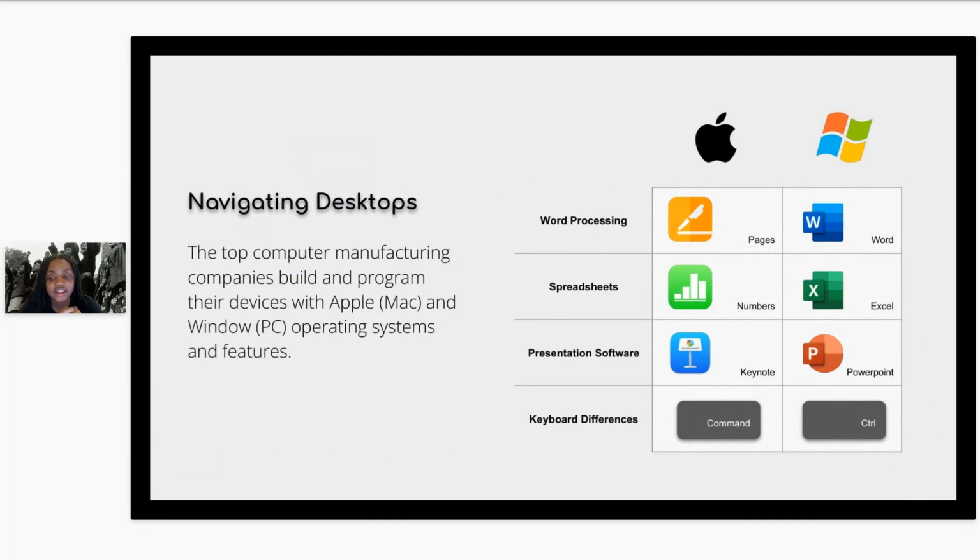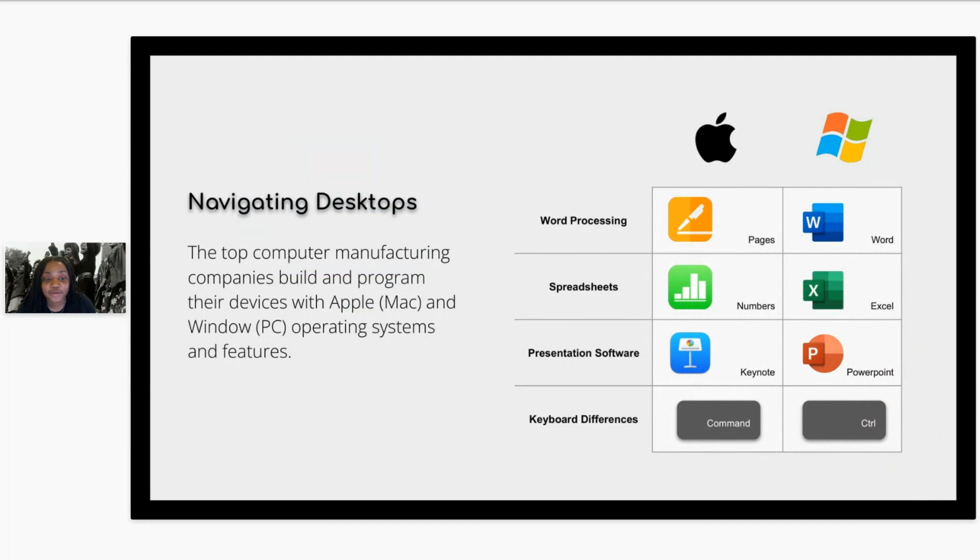Windows operating systems are used for PCs, and Mac is used for Apple products. There are a few differences, but also similarities, between the tools available on these different operating systems. For Apple, their word processing tool is Pages. For Windows, their word processing tool is Microsoft Word.